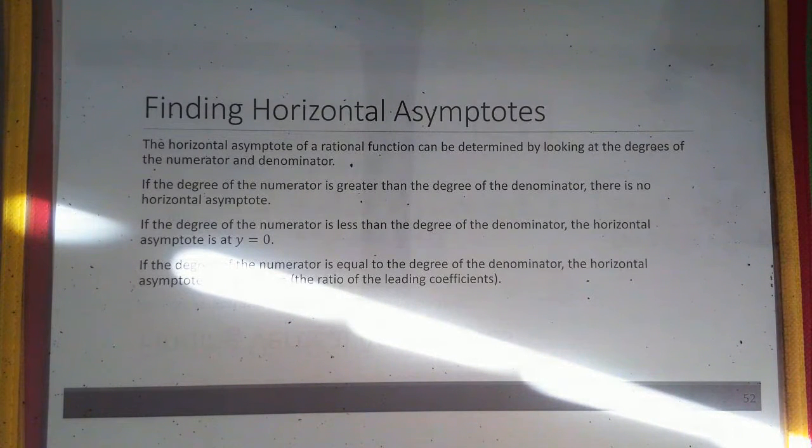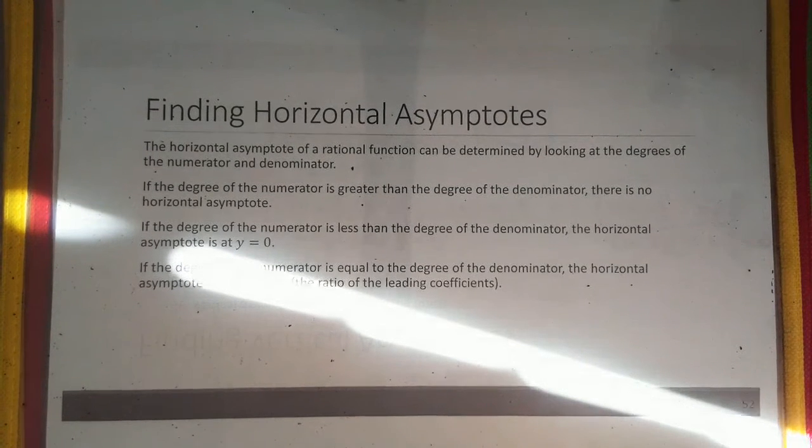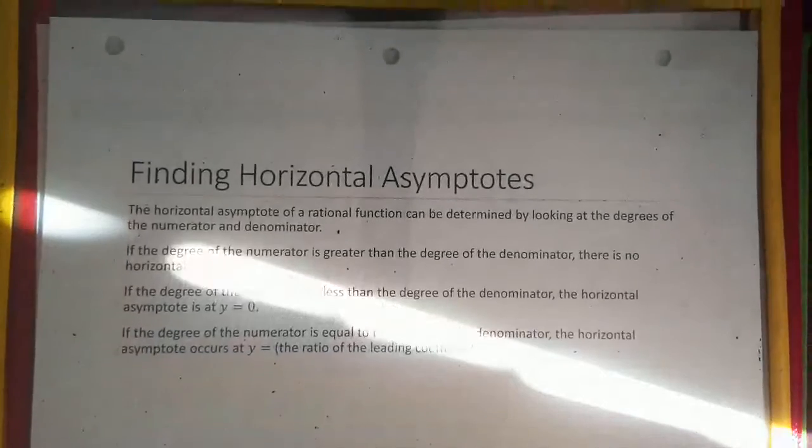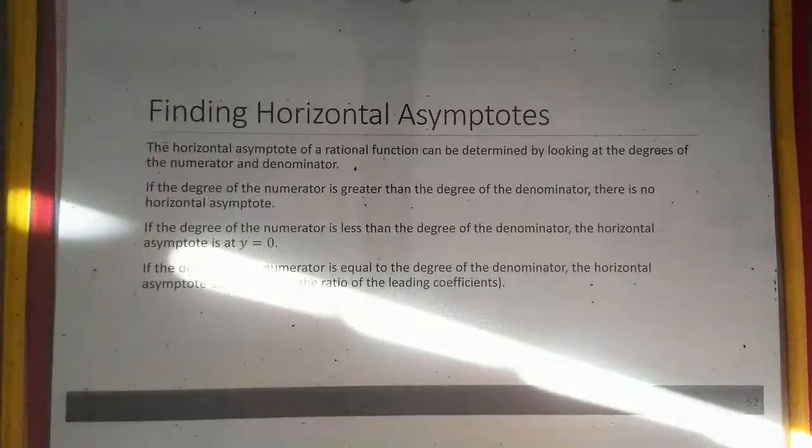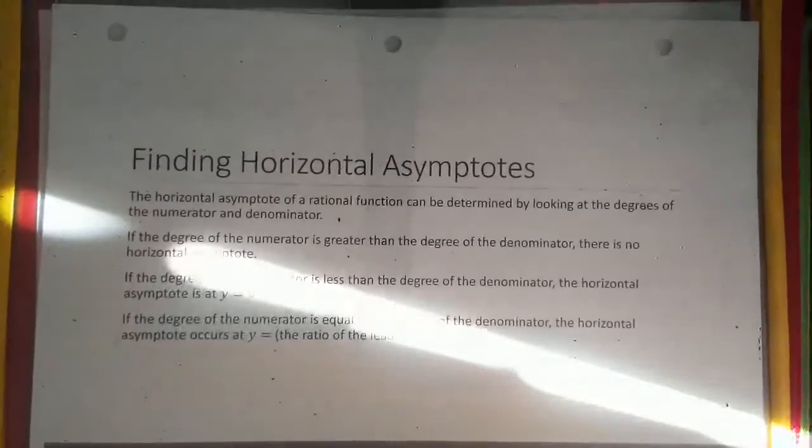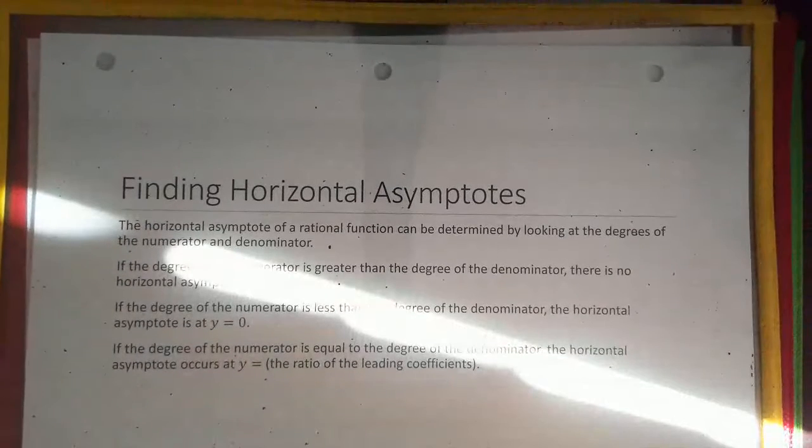If the degree of the numerator is greater than the degree of the denominator, there is no horizontal asymptote. If the degree of the numerator is less than the degree of the denominator, the horizontal asymptote is at y equals 0. And then if the degree of the numerator is equal to the degree of the denominator, the horizontal asymptote occurs at y equals the ratio of the leading coefficients.